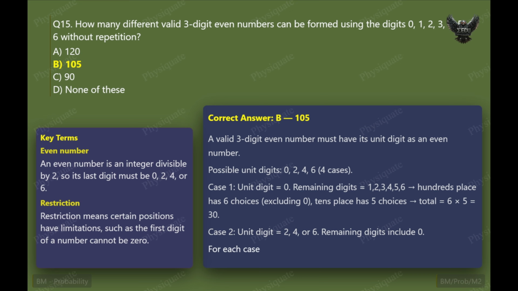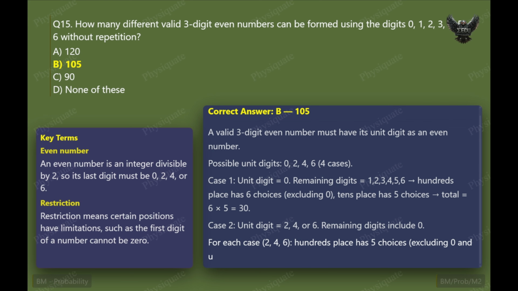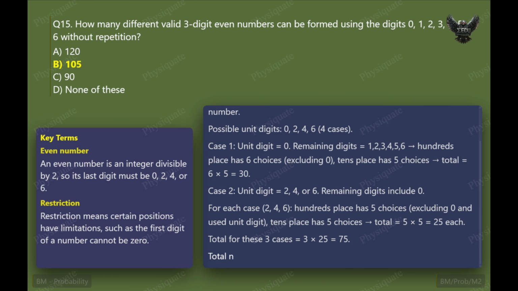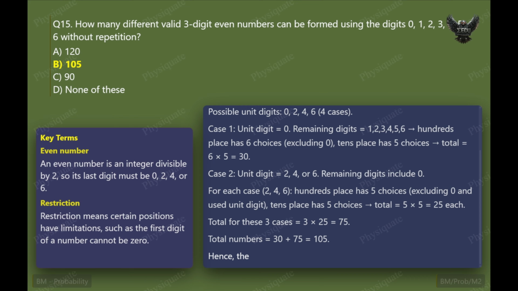For each case, 2, 4, 6, hundreds place has 5 choices, excluding 0 and used unit digit, tens place has 5 choices, so total equals 5 times 5 equals 25 each. Total for these 3 cases equals 3 times 25 equals 75. Total numbers equals 30 plus 75 equals 105. Hence, the correct answer is 105.